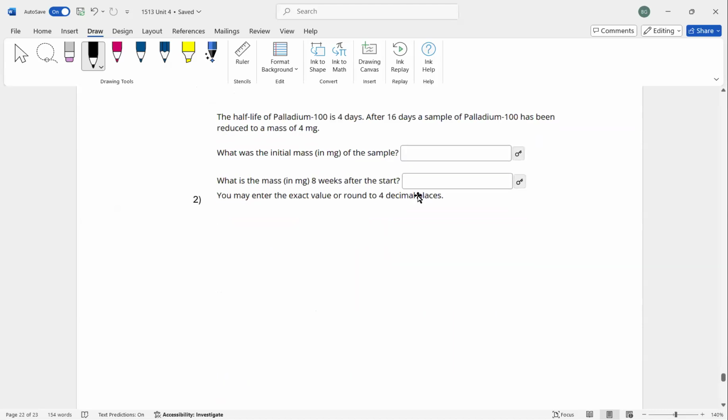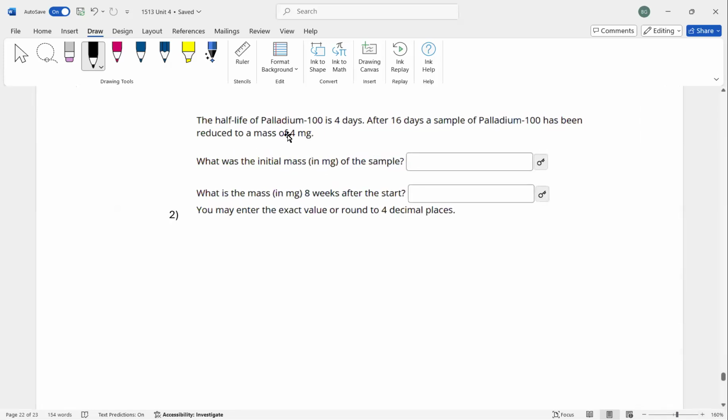Question number 2. The half-life, again, half-life. The half-life of P100 is, I learned chemistry in my own language, so I don't really know how to pronounce those terminologies. I apologize for that. The half-life of P100 is 4 days.